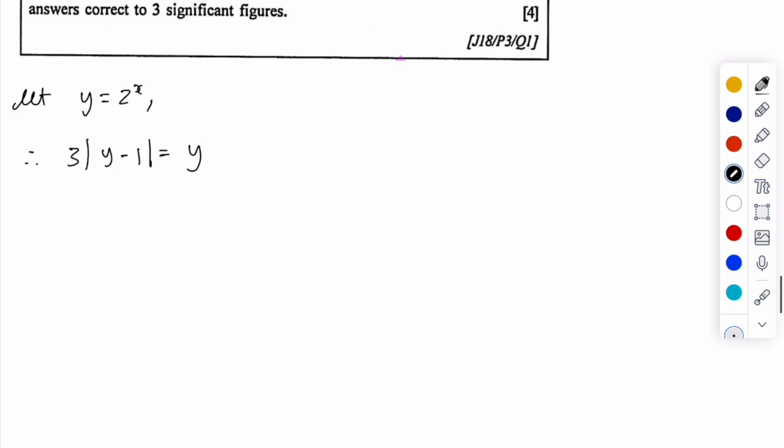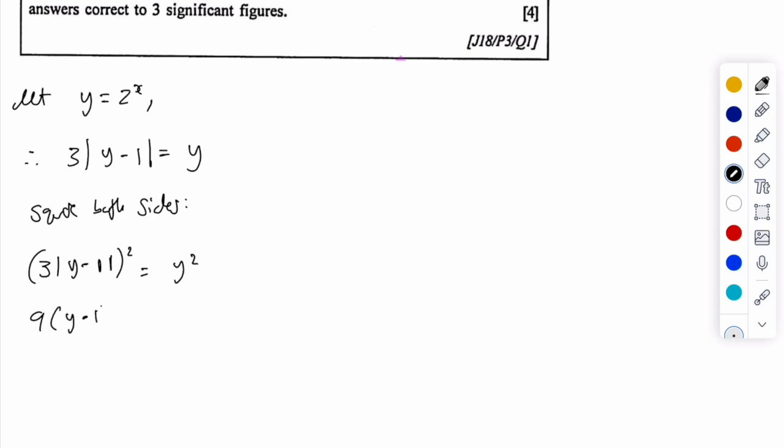So if we square both sides, we've got 3 (y minus 1) squared is equal to y squared. So therefore 9 (y minus 1) squared is equal to y squared.